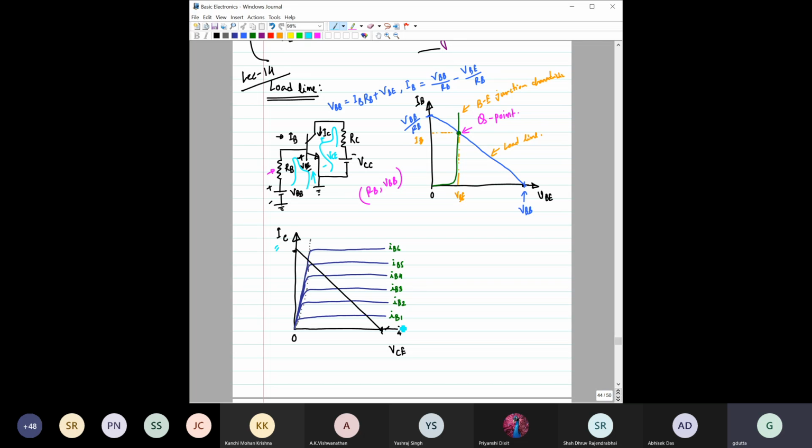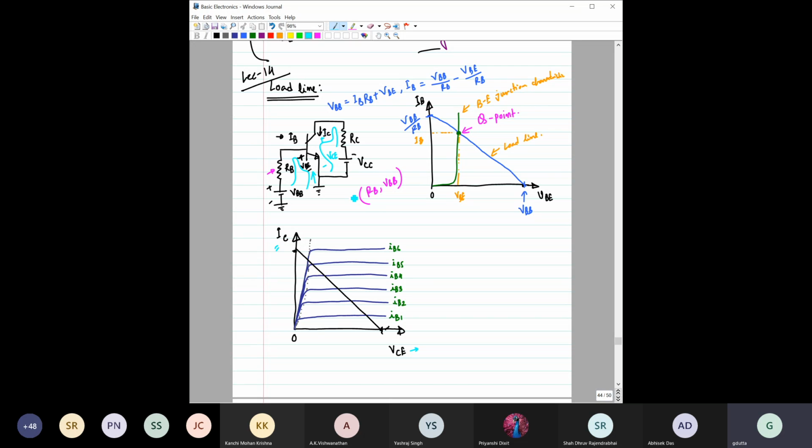So if you plot this V of CE versus IC, then you know that two things you have to plot. One is the transistor characteristics and the other one is the load line. So IC versus V of CE characteristics would be like this for different values of base current, right? This IB1, IB2, IB3, we are already familiar with these characteristics. This is the output characteristics of this bipolar junction transistor.